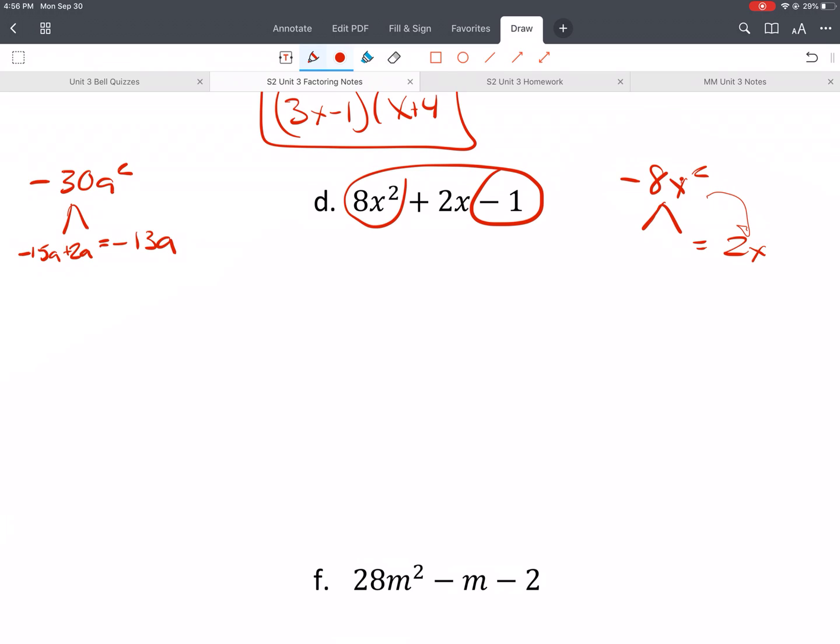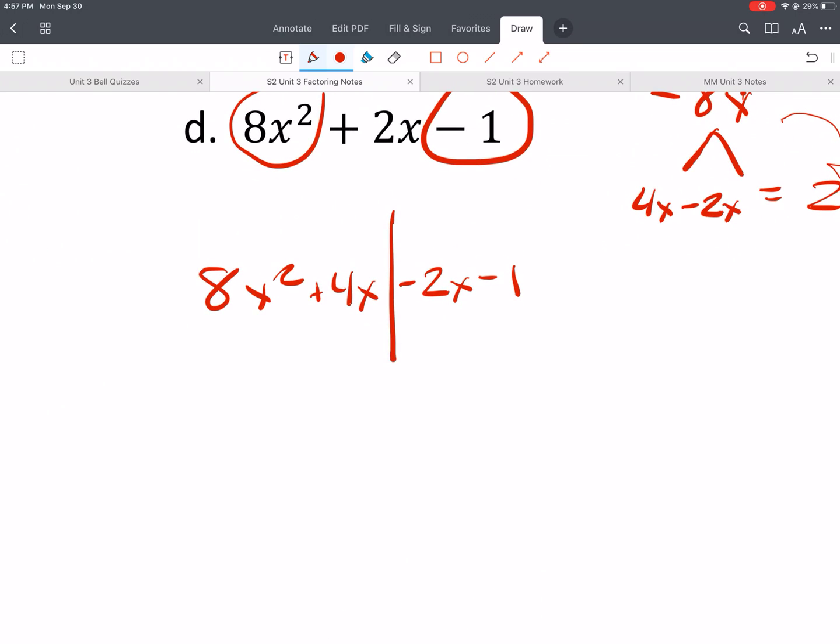We could do a positive 4x and a negative 2x. So we'll have 8x squared plus 4x minus 2x minus 1. Group it up. Factor out a 4x, so we'll have 4x times 2x plus 1.